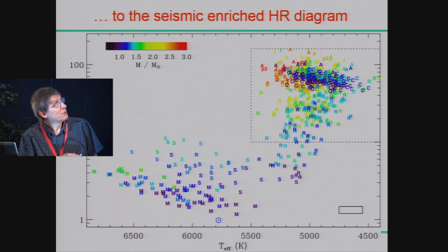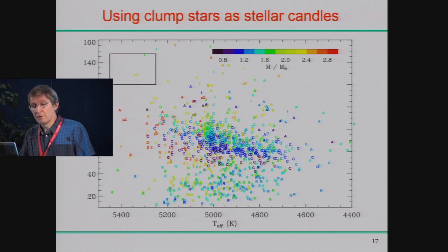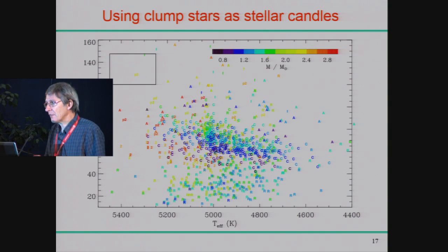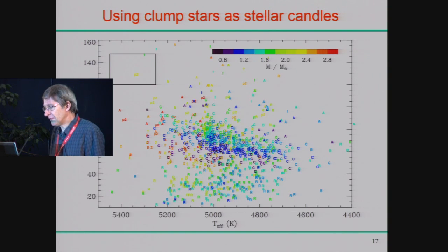But we see also the vertical structure in the clump between low mass stars and high mass stars, and we can make the difference between RGB stars, clump stars, stars having exhausted helium in the core or in the helium flash. This is just a zoom. If you want to use clump stars as stellar candles, we can now make the luminosity much more precise with the seismic information and have a much more precise location of the stars in the HR diagram.